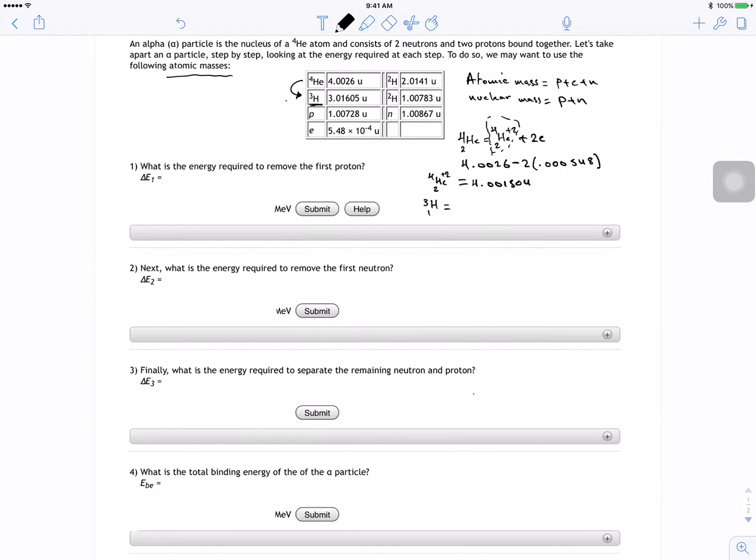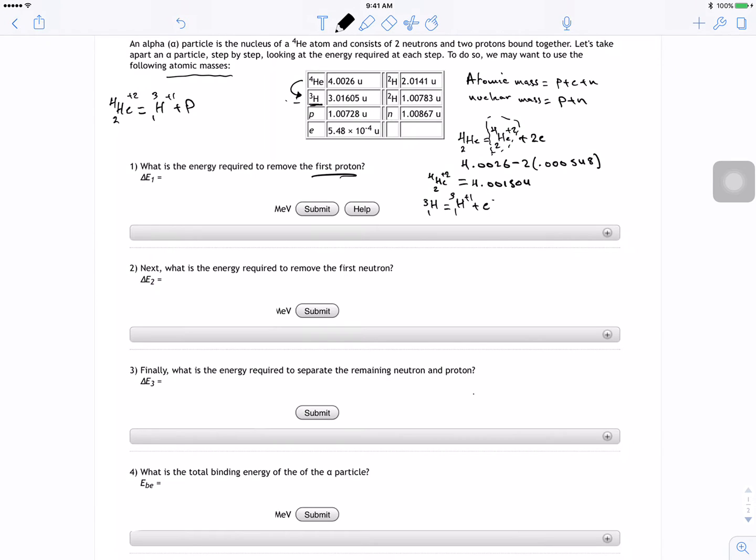H 3, 1 plus, equals H 3 plus 1 electron. So helium-4 with 2 plus is going to equal H 3, 1 plus, plus a proton, because they're asking about the first proton that we remove from the mass.